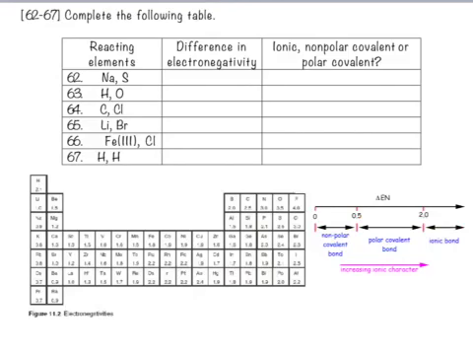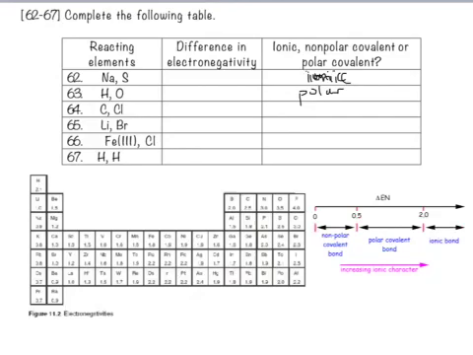If you don't have this table, you can figure it out by looking at the type of elements that are bonded together. Sodium and sulfur: you have a metal and a nonmetal. Whenever you have metals and nonmetals, that's indicative of an ionic compound. Hydrogen and oxygen are fairly far apart on the table, and they're both nonmetals, so they form a polar covalent compound.